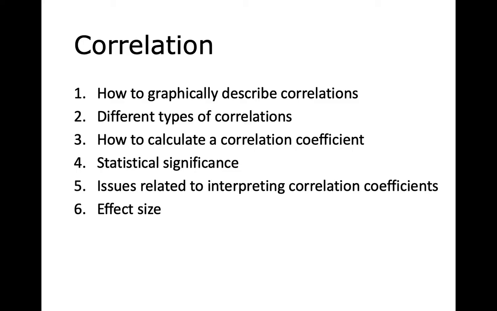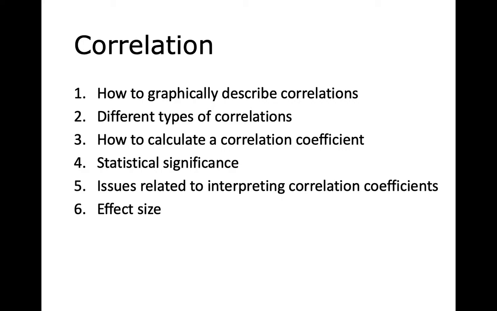The new stuff for this lecture is determining the statistical significance of a correlation. A correlation coefficient is both a descriptive statistic, in that it describes the relationship between two variables in a set of data, but we can also use it as an inferential statistic.